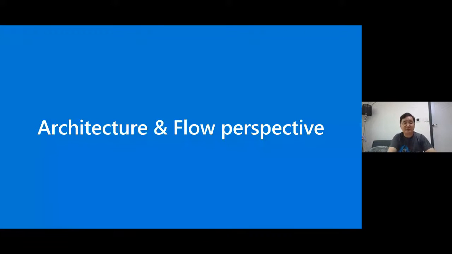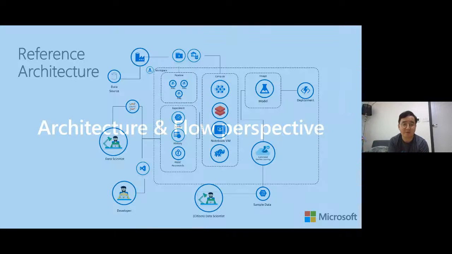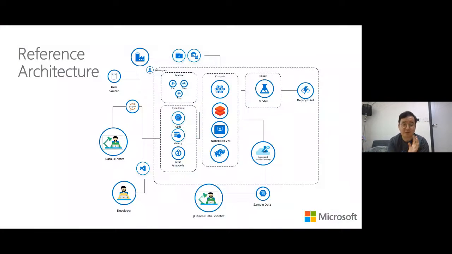So I would like to divide this into two perspectives. One is the architecture and flow perspective. On page one, lots of people designed their own good architecture by themselves. So that is still good. It is a kind of reference architecture.